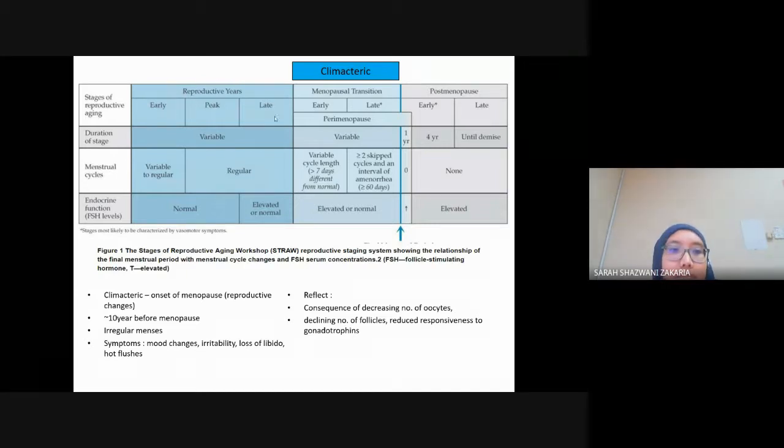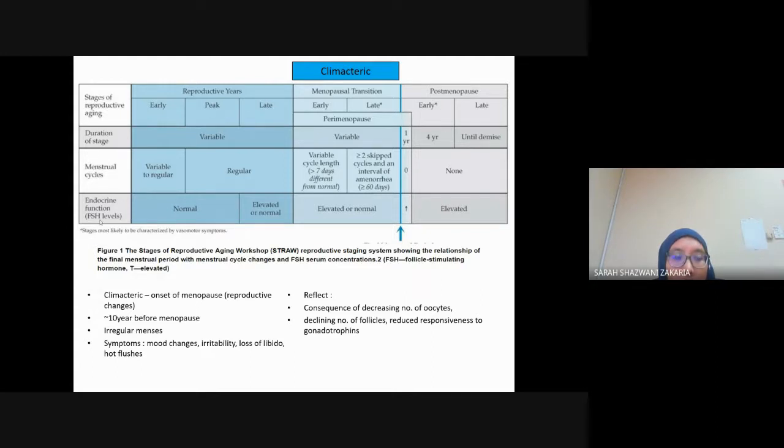Okay. And then in terms of the menstrual cycle, variable to regular. At the most adult phase and stable physiological condition, the menstrual cycles tend to become regular towards the end. And in terms of endocrine function, this one is talking about the hormones secretion here.